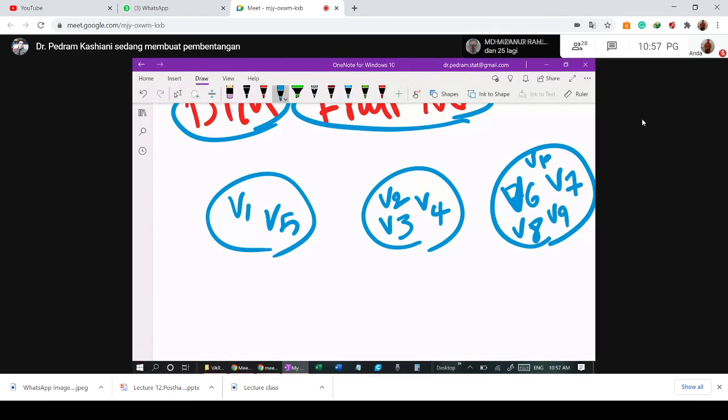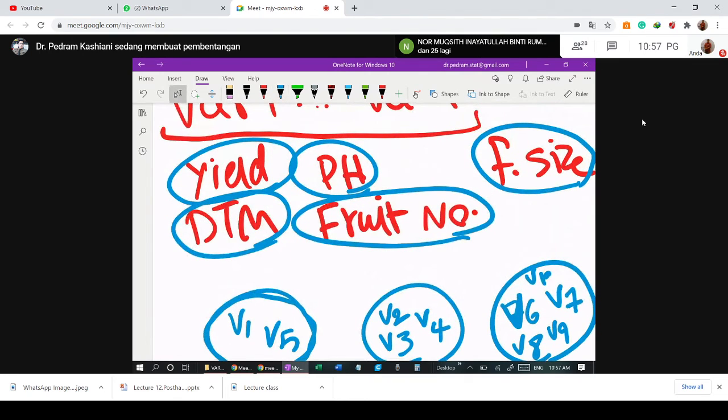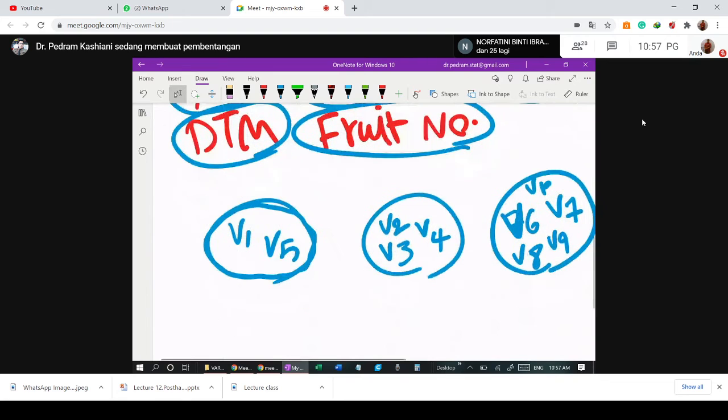So what happened? I say that variety 1 and variety 5 are very similar. For what? For all of the things, not just yield or pH or size. For everything together, these 2 varieties are very similar. These 3 varieties are very similar.